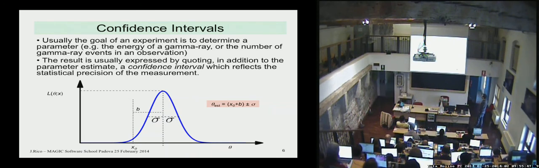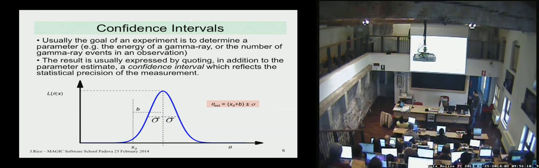That confidence interval reflects the statistical precision of the measurement we are doing. For example, we would say we are measuring theta as this value, minus the bias, of course, plus or minus the width of this distribution.